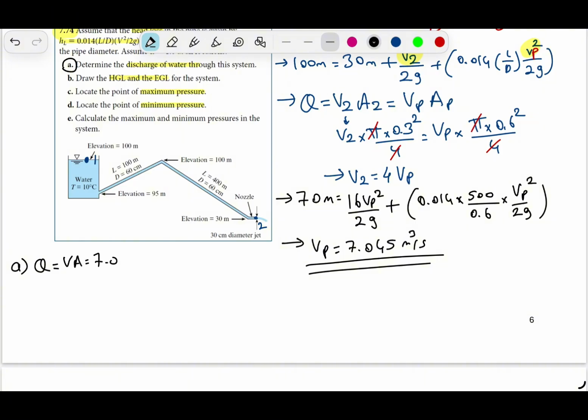So we have Q equals 7.045 meter per second times pi 0.6 square over 4. And this gives 1.99 cubic meter per second.